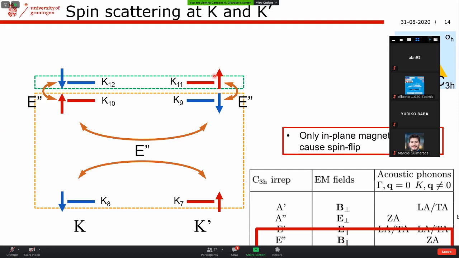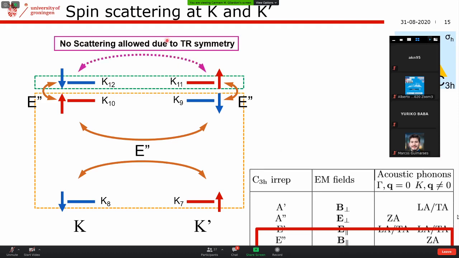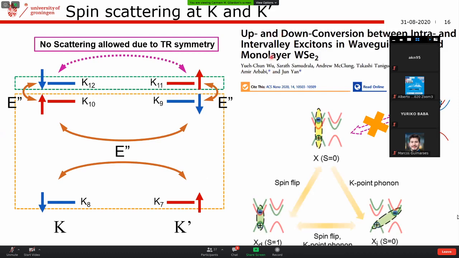What you should notice also is that I drew no arrow here between K11 and K12, and that is because since these states are each other's time reversal partners, there's no scattering allowed between them. This scattering is protected by time reversal symmetry. And that actually matches very well some recent experimental results in this work that was just published this summer in ACS Nano, where they look at up and down conversion processes between the various exciton species.